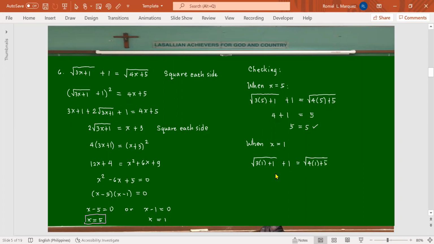On the left side, 3 plus 1 is 4, the square root is 2, plus 1, which is equal to 4 plus 5 is 9, the square root is 3. Is 3 equals 3? Check. Therefore, this is also a root. So there are two possible roots. Is this clear now, children?